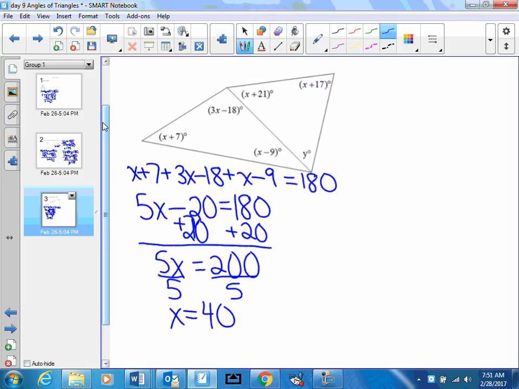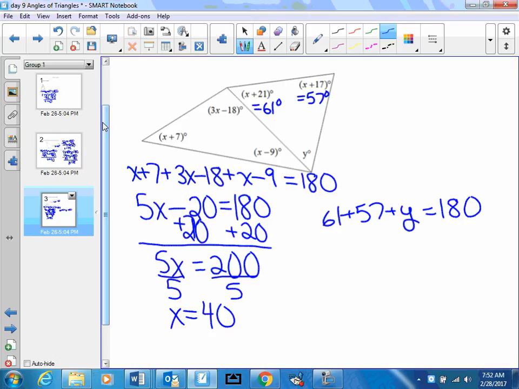Using that now in the second triangle, x plus 21 becomes 61 degrees. X plus 17 becomes 57 degrees. So now to find the value of y, I would add together 61, 57, and y gives me a total of 180.